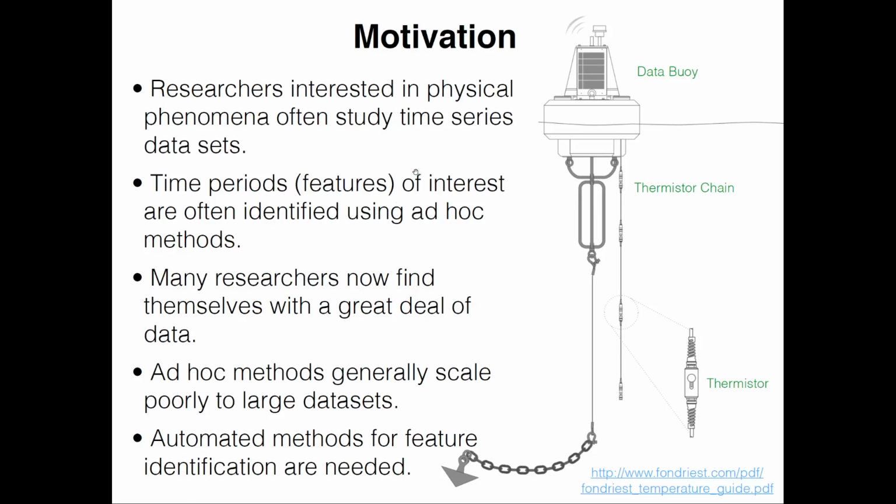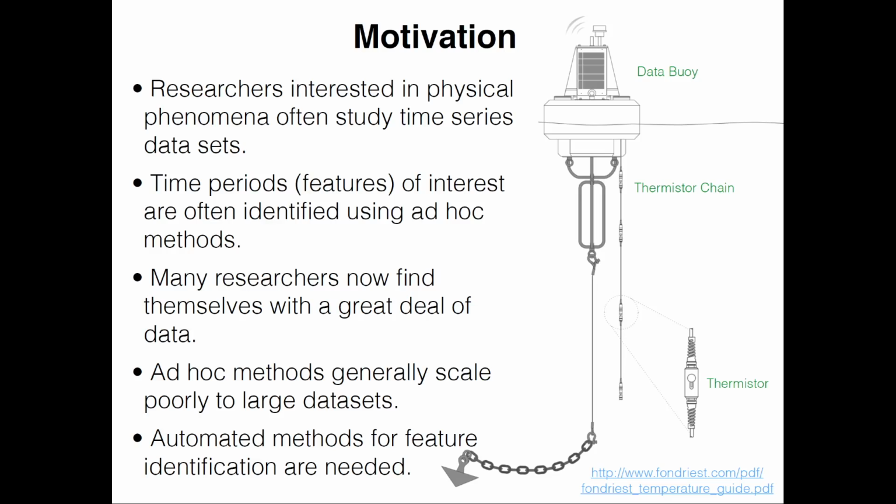Okay, so the problem with this is that many researchers now find themselves with a great deal of data because, of course, everybody wants better data, right? Higher quality in both resolution and in fidelity. And that's great that you get better data, but it's larger.